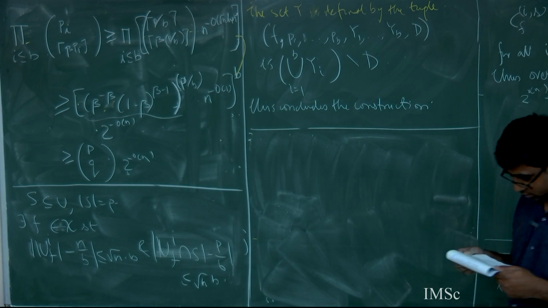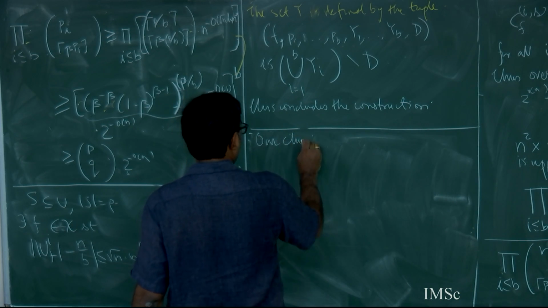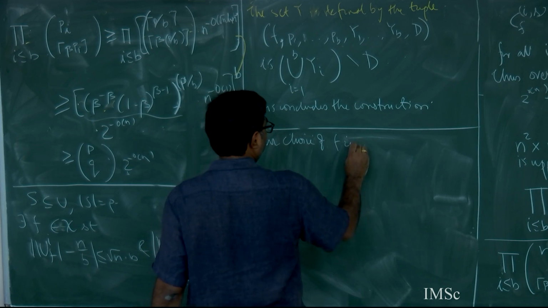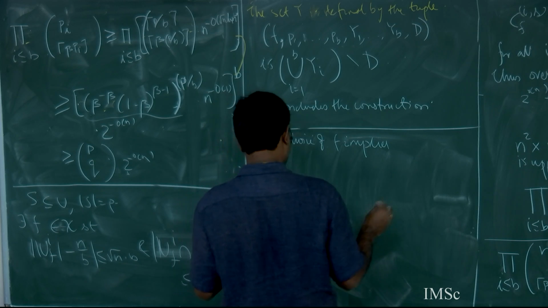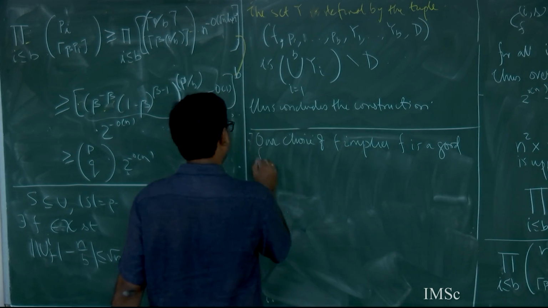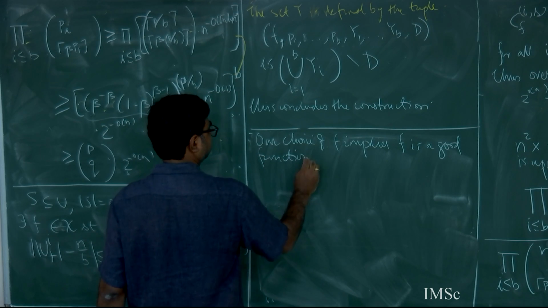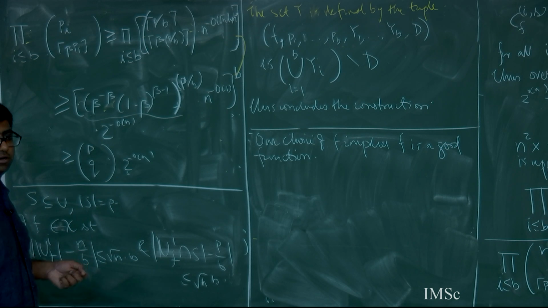Right? So our choice of f implies f is a good function, right? I am only considering those functions which are good functions. So let us only look at the function for which this property holds.